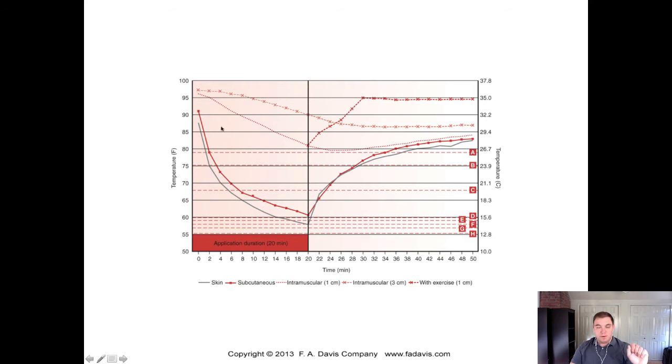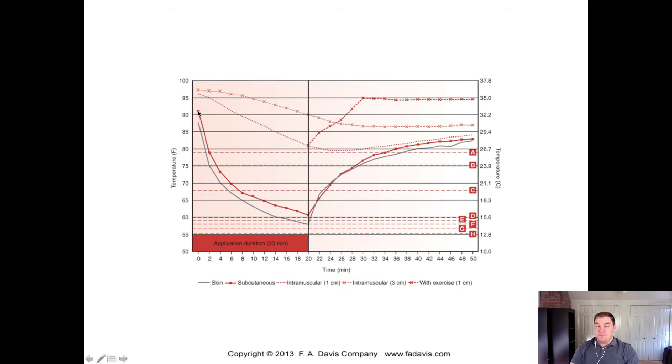So we're going to place an ice pack on a patient for 20 minutes. So initially we put the ice pack on, you can obviously see the skin temperature decreasing. So it goes, maybe 87 degrees all the way down to about 57 degrees. And I know that's 57, trust me, I know that's 57 degrees, and you'll find out why in a second.